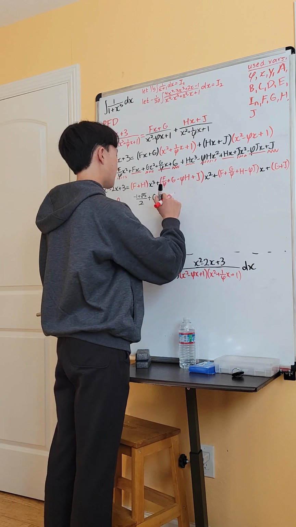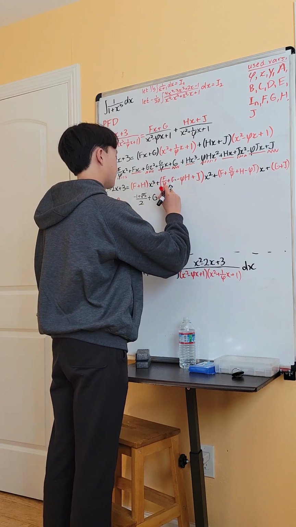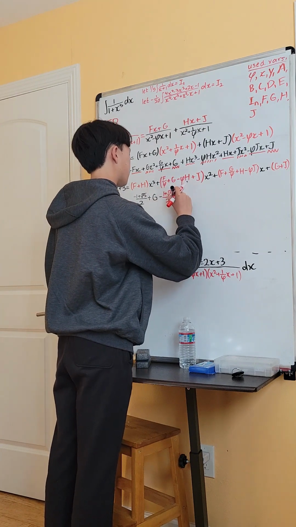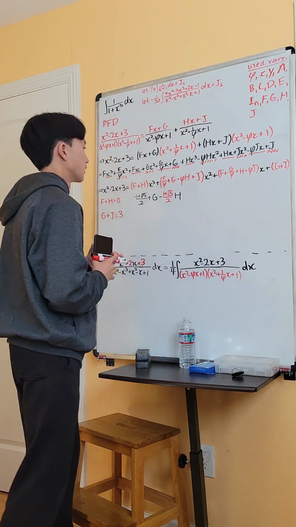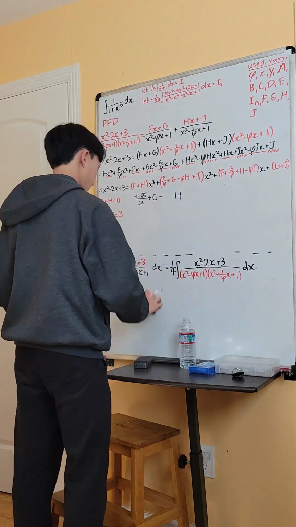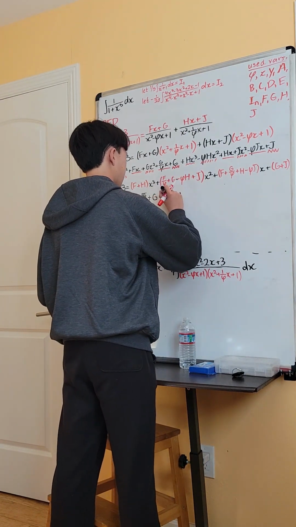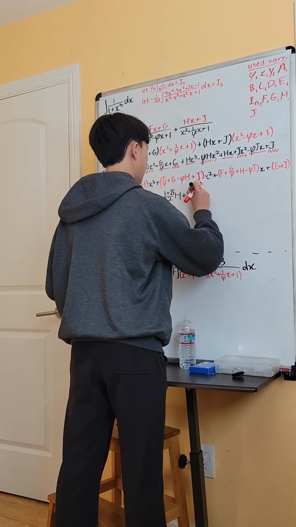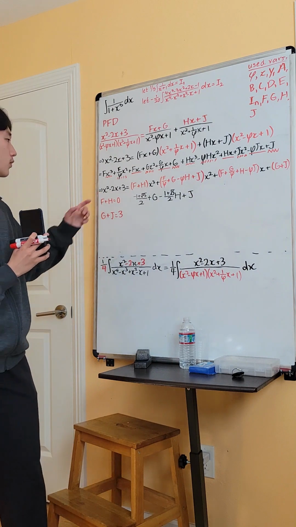Plus g minus, and then phi is just equal to 1 plus root 5 over 2 h. And then, why did I do that in red? It's muscle memory at this point. 1 plus root 5 over 2 h plus j. And then this would be equal to 1.